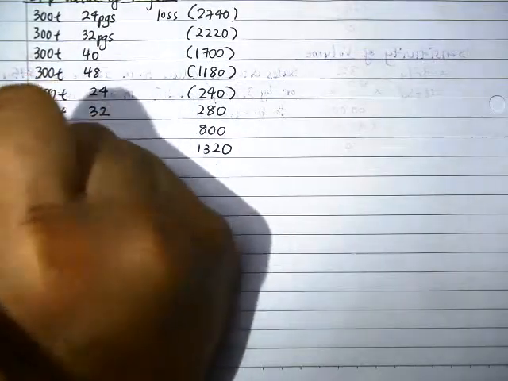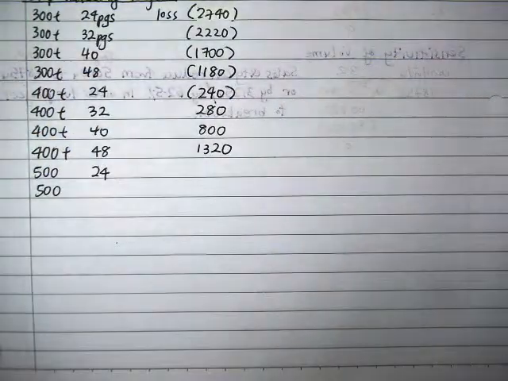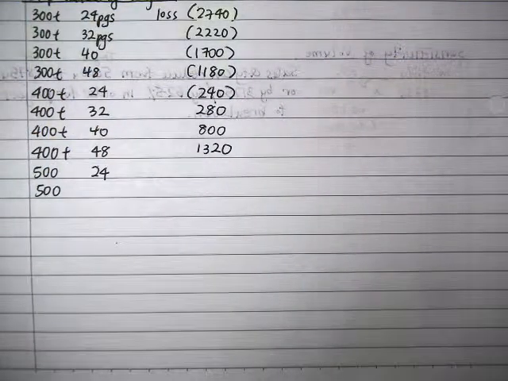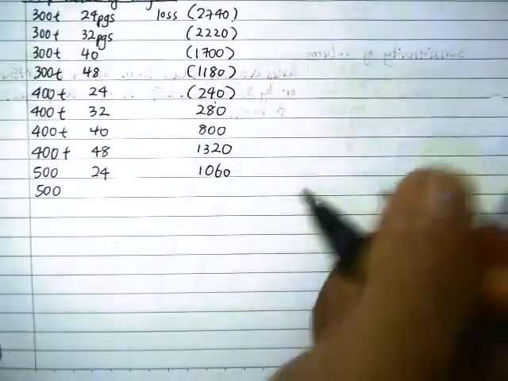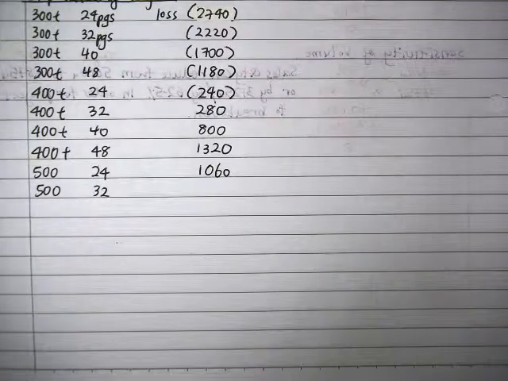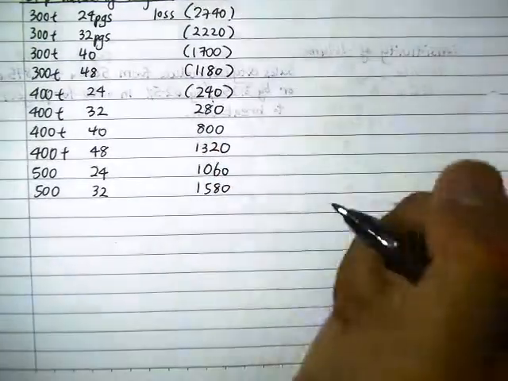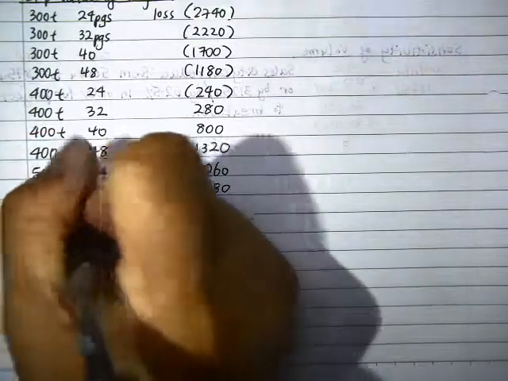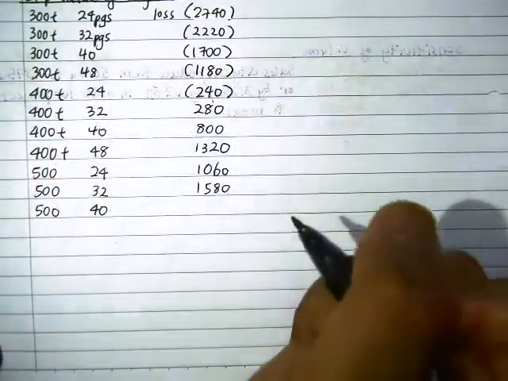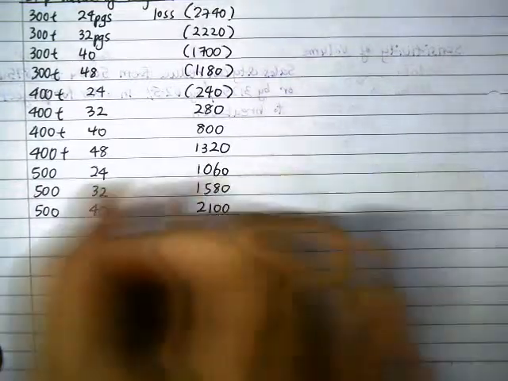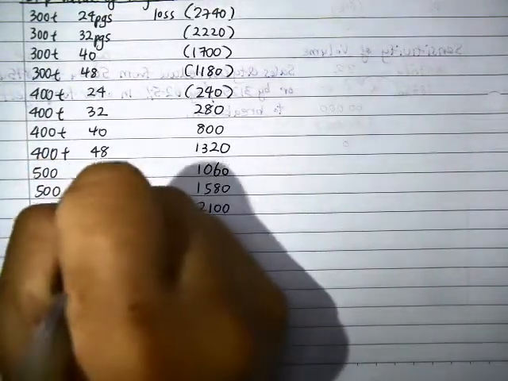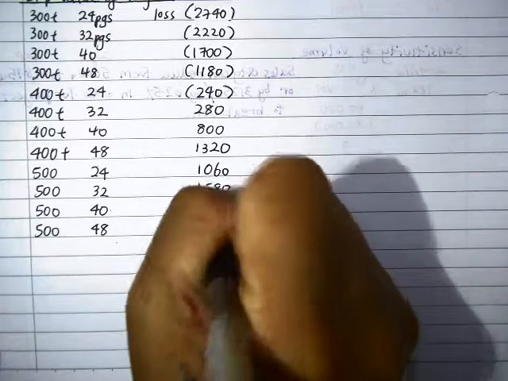Now if it's 500, 24, then we have 2,000 minus 940, 1,060. 532, 2,000, 540, 2001, 548, 2,620.